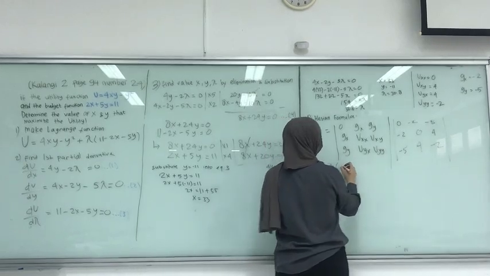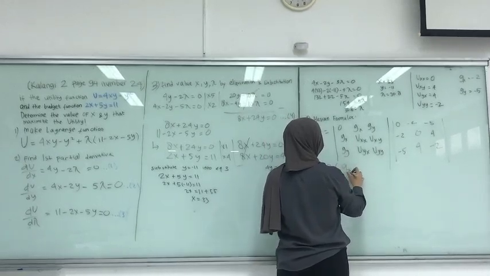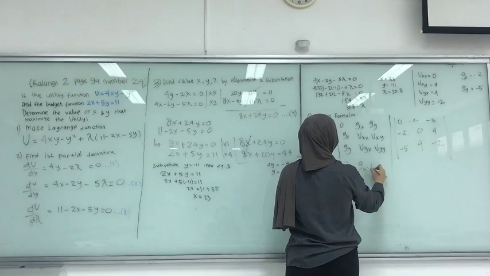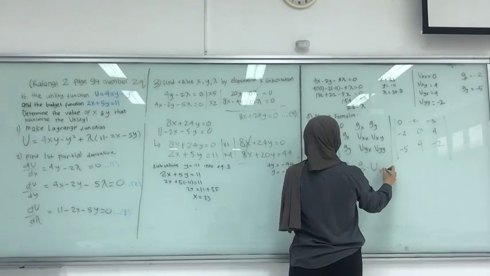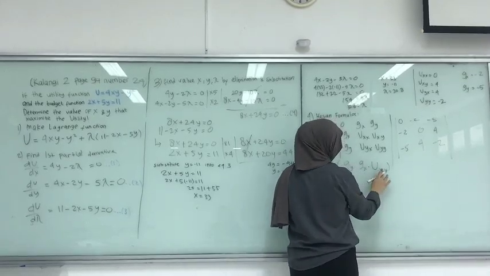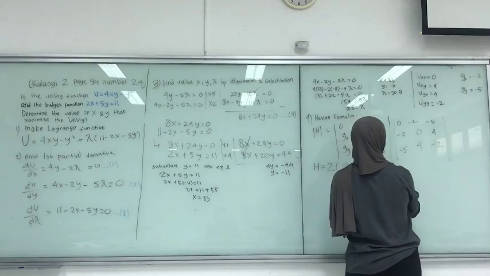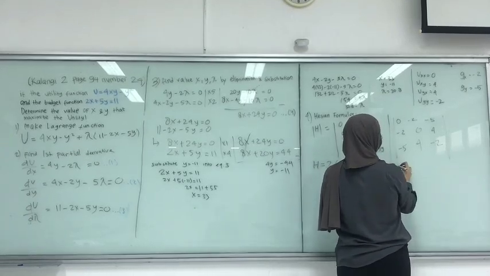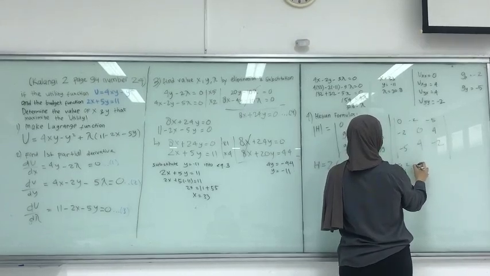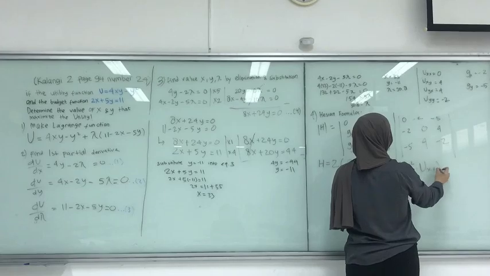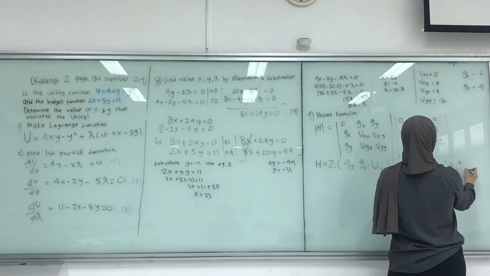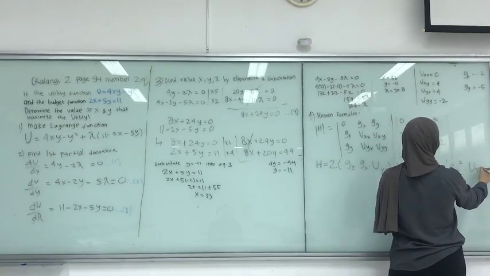2 times gx times gy times uxy, right? Sorry, uyx, minus gy to the power of 2 times uxx minus gx to the power of 2 times uyy.